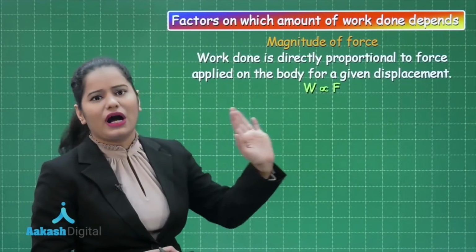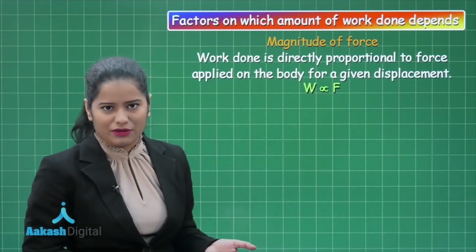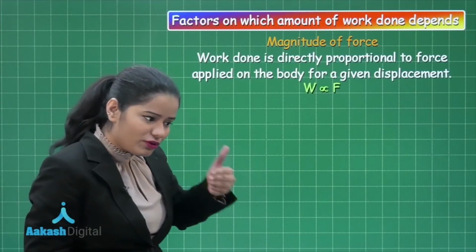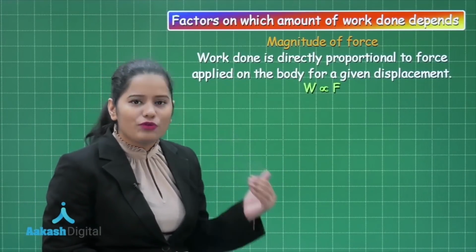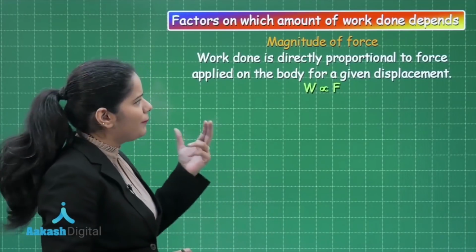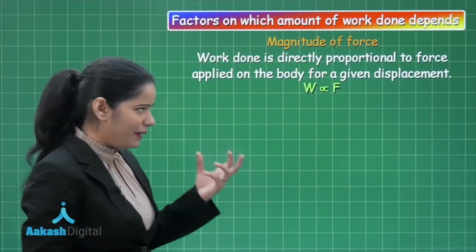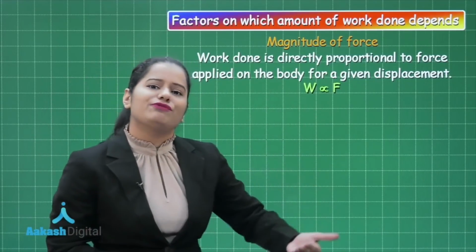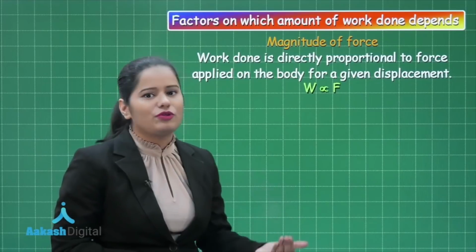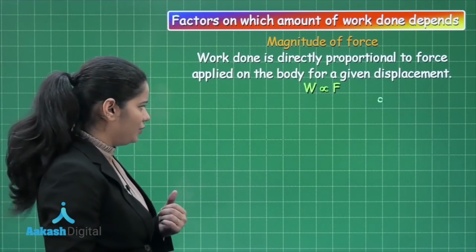If you push the book harder, it's going to fall down from the table. So the work done by you will be decided by the amount of force that you apply. The work is directly proportional to the force. More the force, more the work done by you.